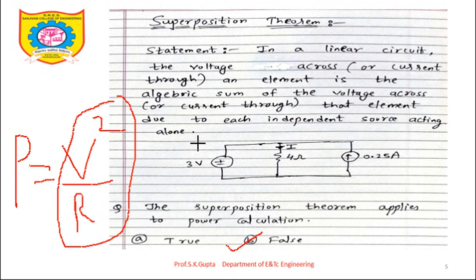Square means non-linear, and superposition is applicable only for linear circuits. So the statement is false.